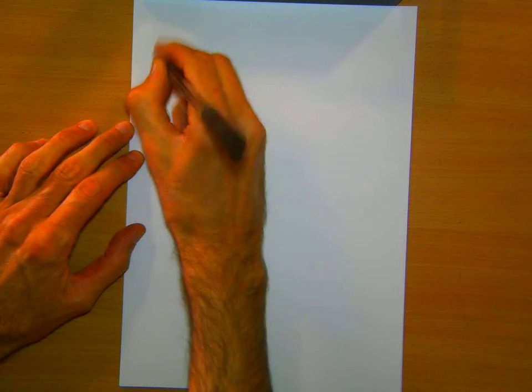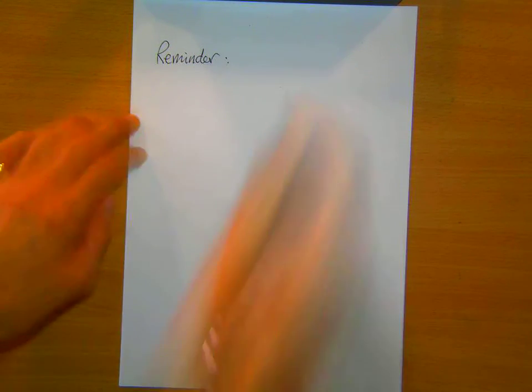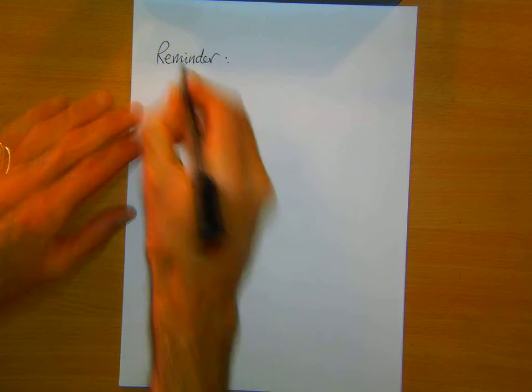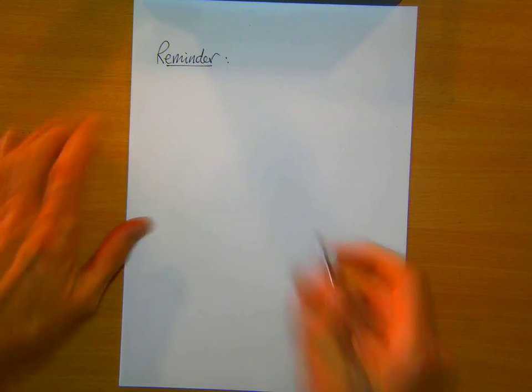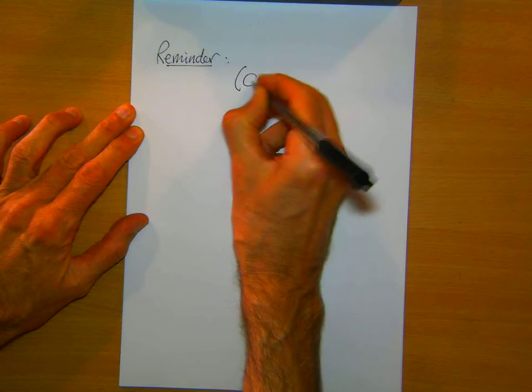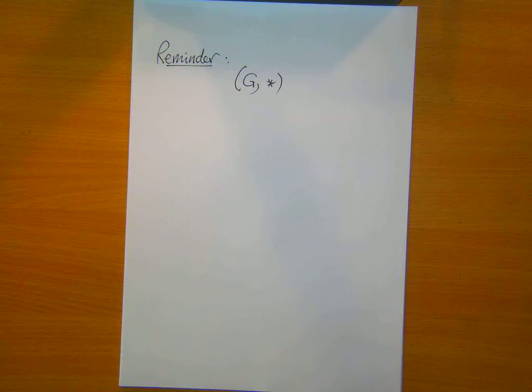So just a reminder about what a group is. We defined it properly last time, so I'm just going to do a sketch definition here. Of course, all these definitions are in the lecture notes, which I hope you're all looking at regularly. That's what they're there for. So a group is a set, which we tend to call G now, G for group, equipped with a binary operation.